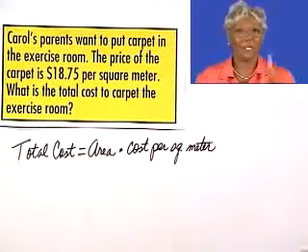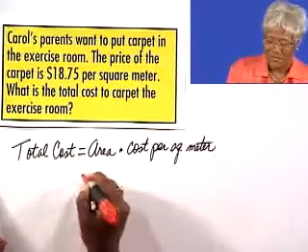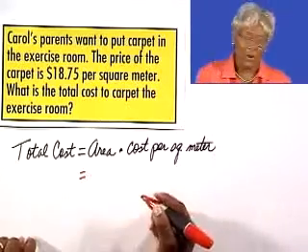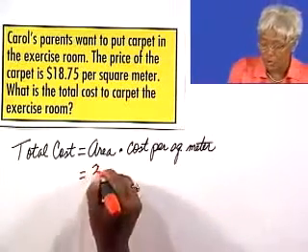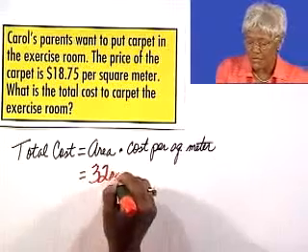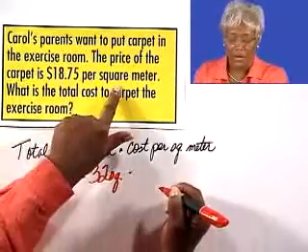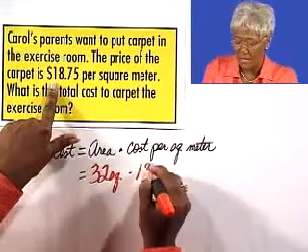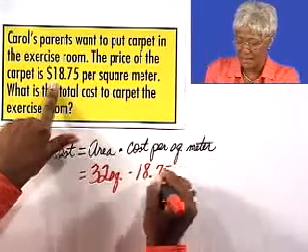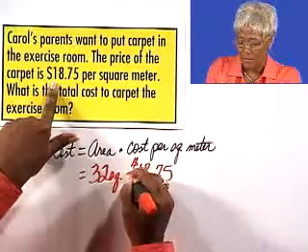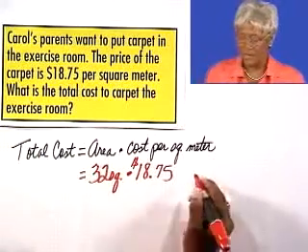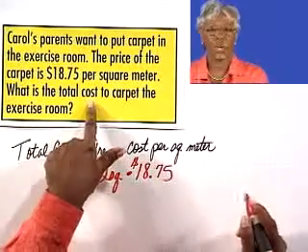Okay, let's substitute. From the previous problem, the area was 32 square meters. And now we see that the cost per square meter is $18.75. What's the total?